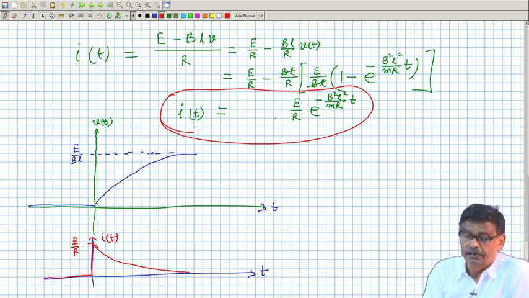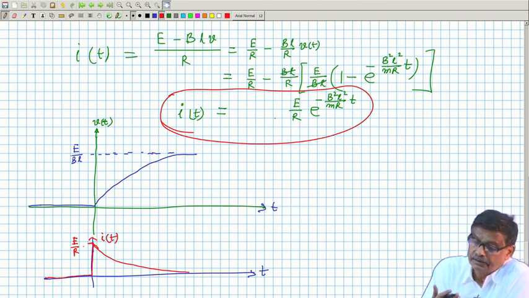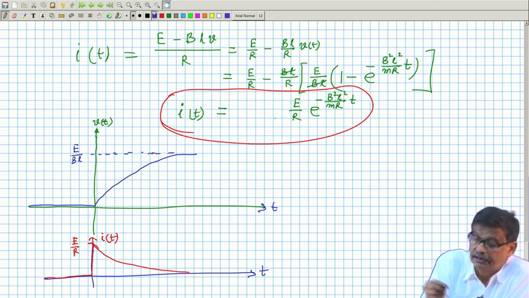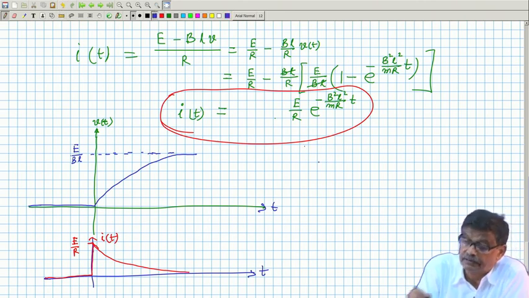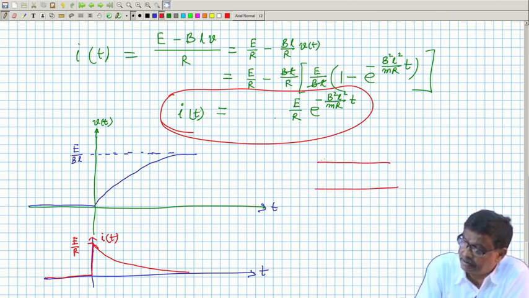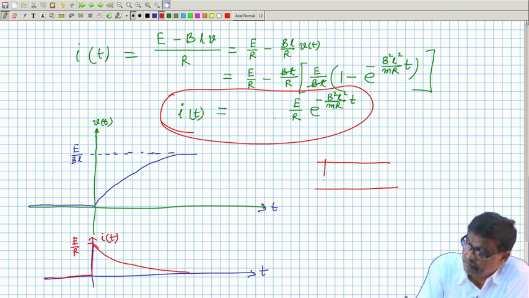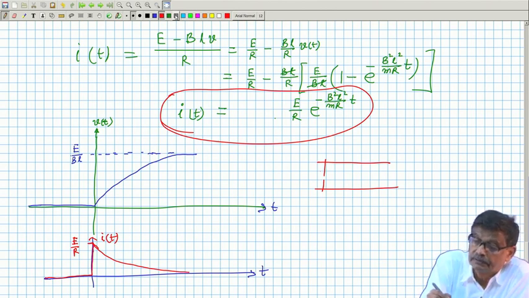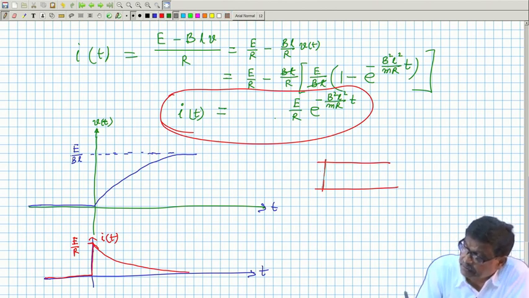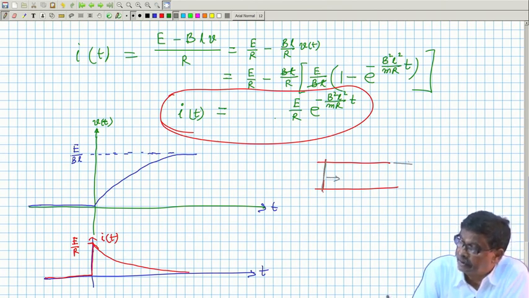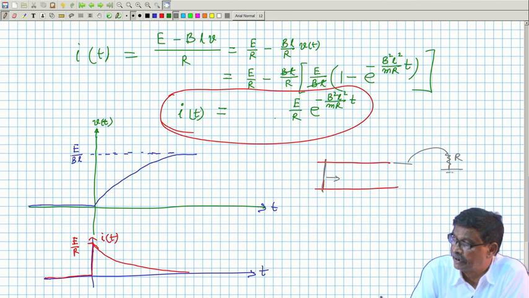Therefore, you see in the motoring operation, I will just draw a replica of that. This was the conductor AB which was moving, and here in the rail you have connected some resistance and some battery.